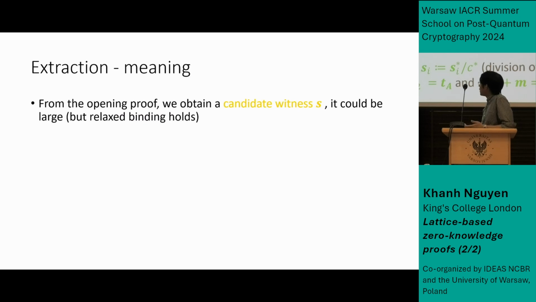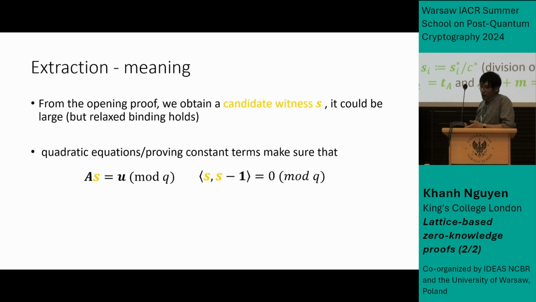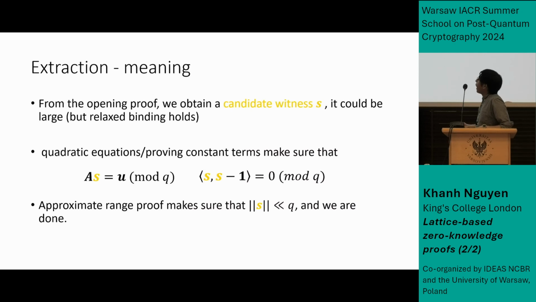So how can we deduce that it satisfies all these things? Well, that's the reason why we went through all these steps from the beginning. So we extract a candidate witness, which is not short. We prove quadratic equations and constant terms, so we can prove all these things mod Q. But then the important thing comes in the approximate range proof, which says that even though this is big, if it was big, it wouldn't have passed the approximate range proof part.